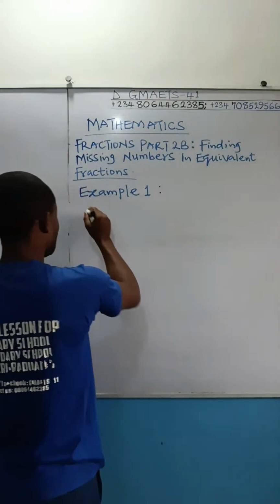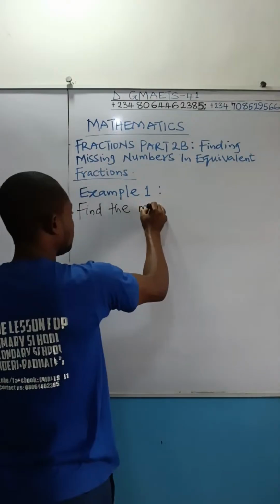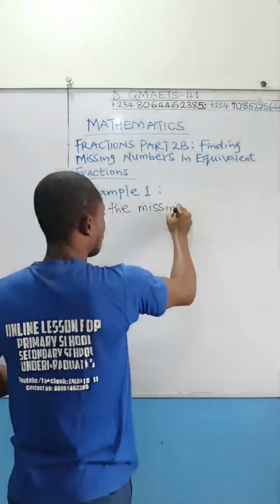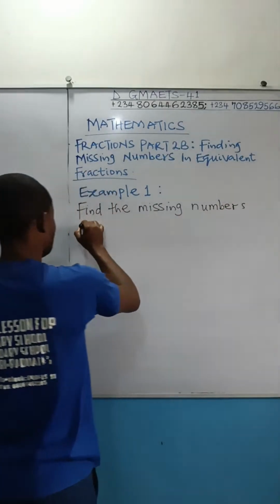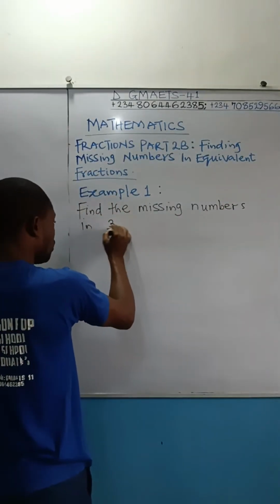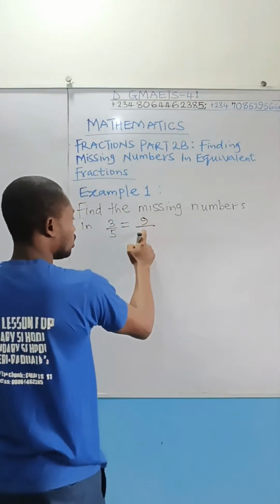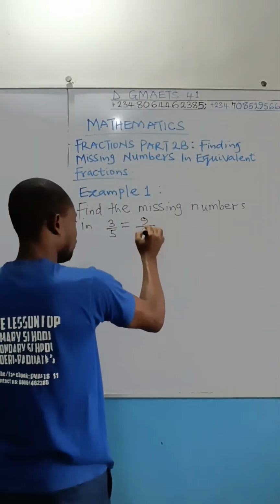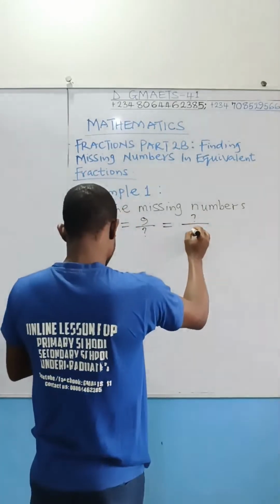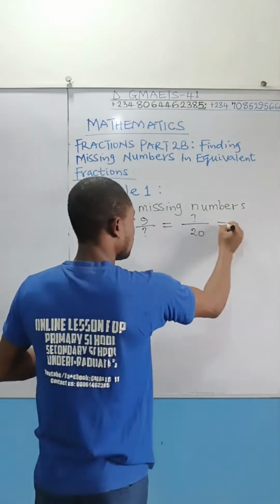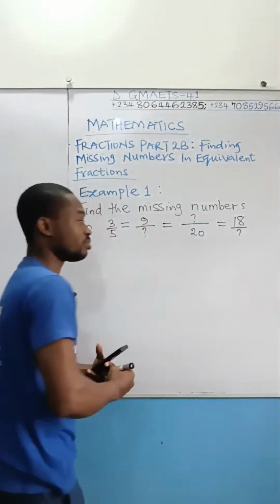Find the missing numbers in: 3 over 5 equal to 9 over question mark, equal to question mark over 20, equal to 18 over question mark.